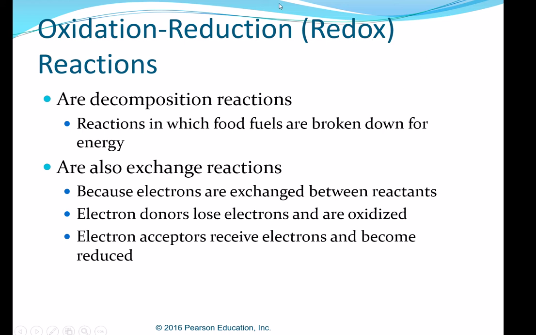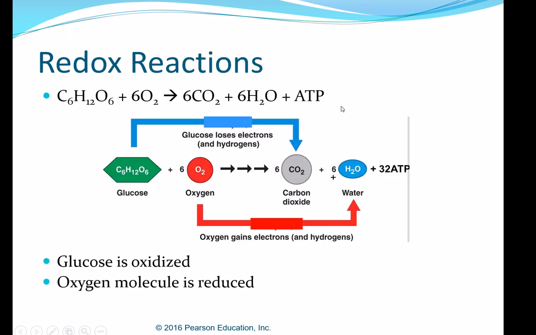Let's look at an example. Here is the redox reaction for glucose. You can see here's our little glucose molecule. Glucose loses all its electrons, it loses its hydrogens, and it basically becomes carbon dioxide. So it's oxidized because it's losing electrons.